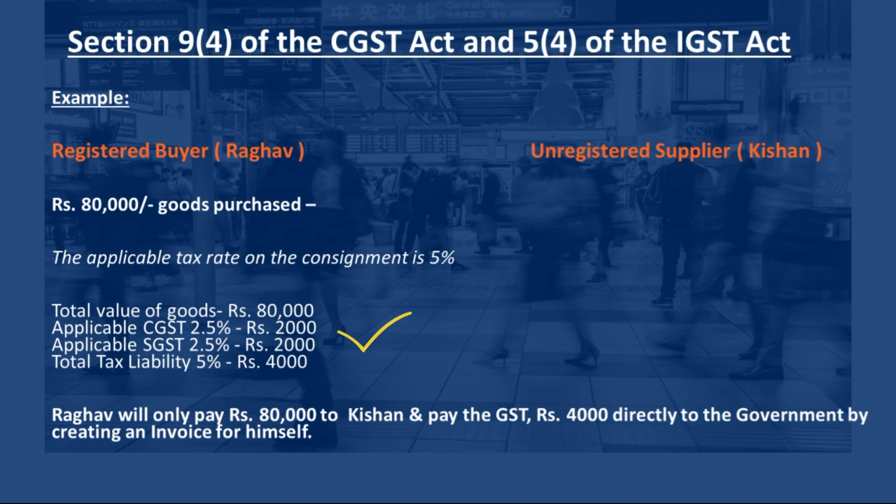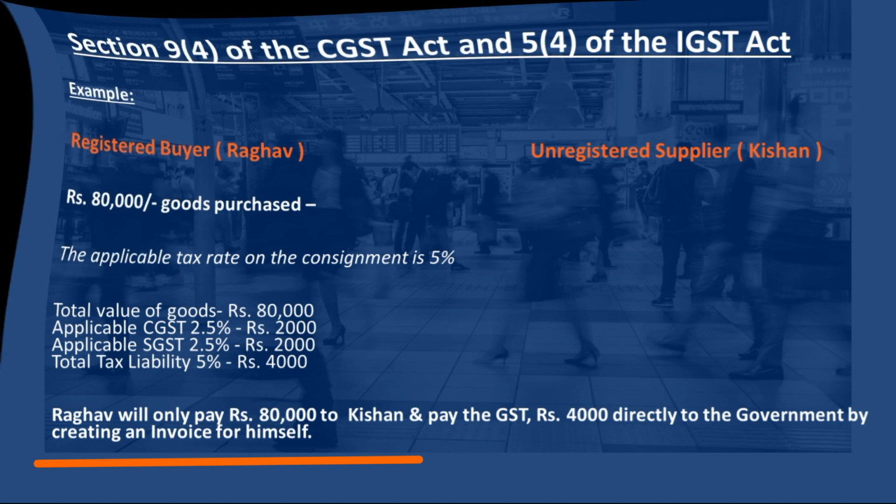Applicable CGST 2.5% is 2,000. Applicable SGST 2.5% is 2,000. And the total tax liability at 5% is 4,000. In this case, Raghav will only pay rupees 80,000 to Kishan and pay the GST of rupees 4,000 directly to the government by creating an invoice for himself.